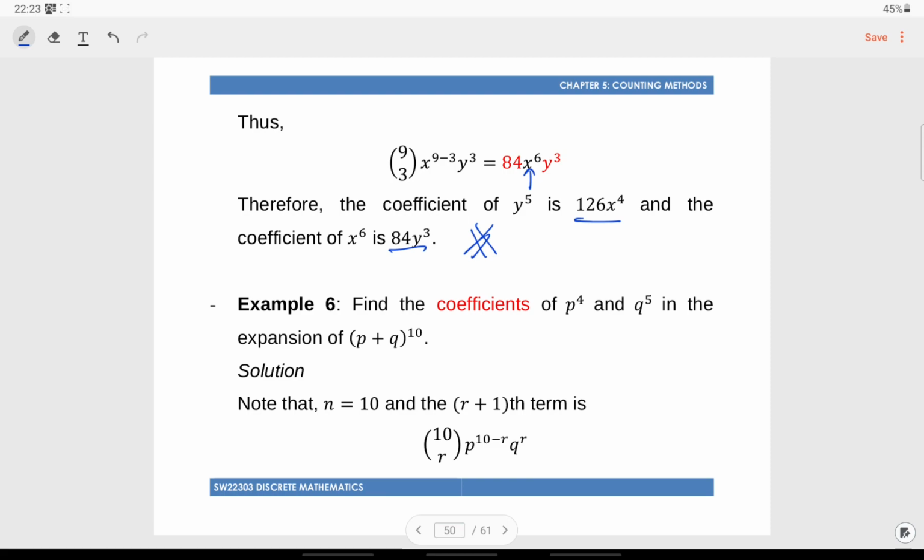The question asks for the coefficient of P4 and Q5. So we do the same task: find how we can come out with the coefficient of P4 and also of Q5 based on the following equation.